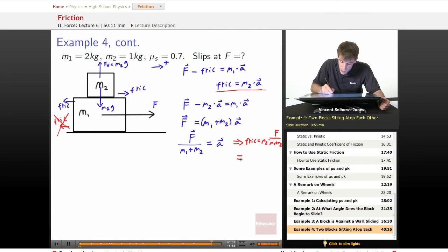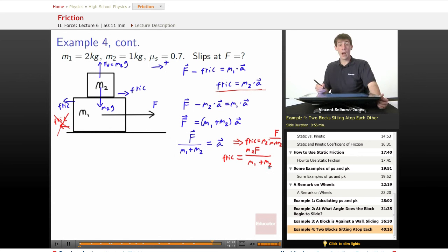So we've got that friction is equal to M2 times the force over M1 plus M2. So now we could sub these things in and figure out the actual numbers.